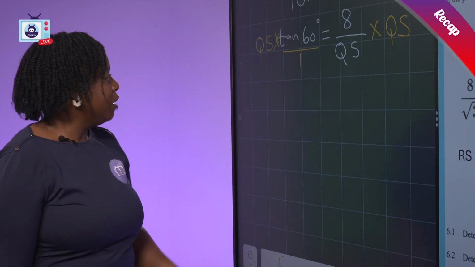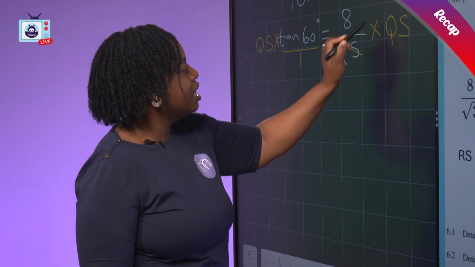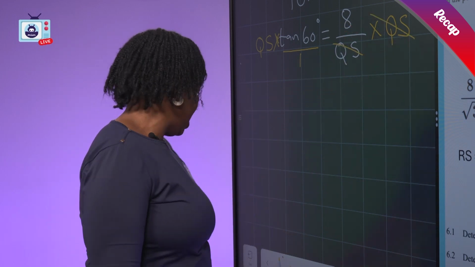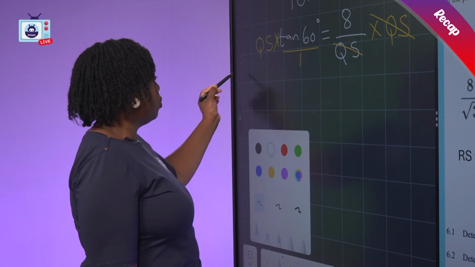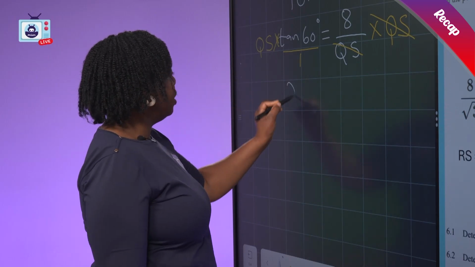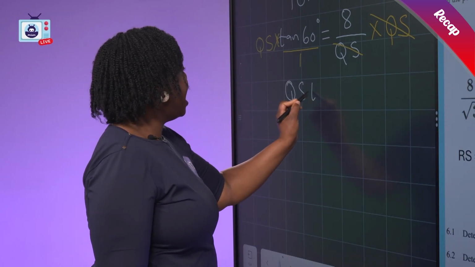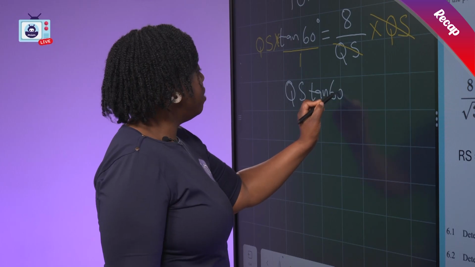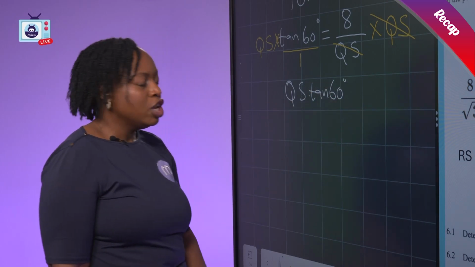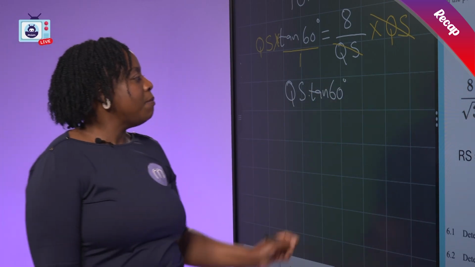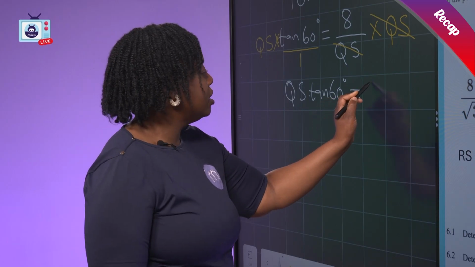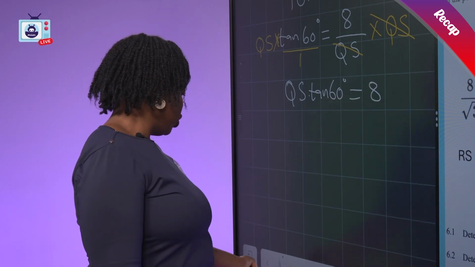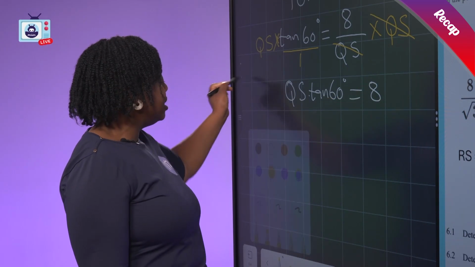Right. So if you multiply both sides by QS, this QS and that QS will divide and we will remain with 1. And on our left-hand side, we'll have QS tan 60. Remember, it's a multiplication. So it's QS multiplied by tan 60 equals 8. We don't want tan 60, but we want QS.